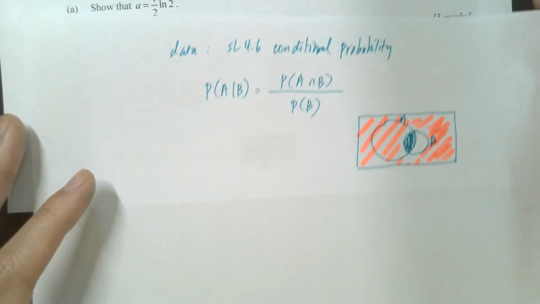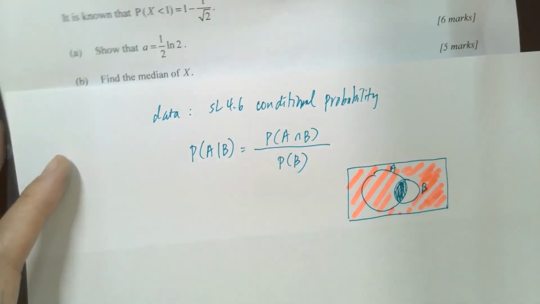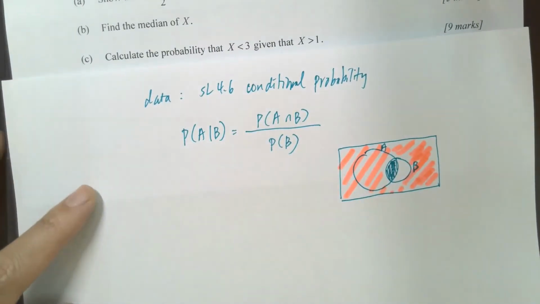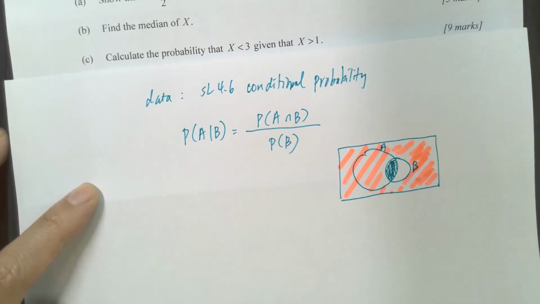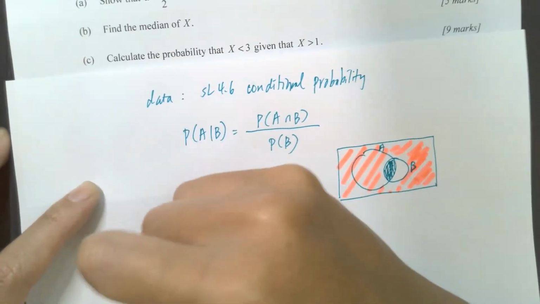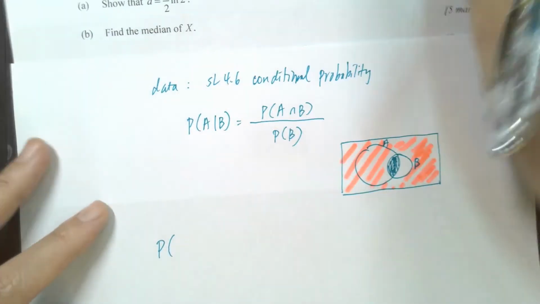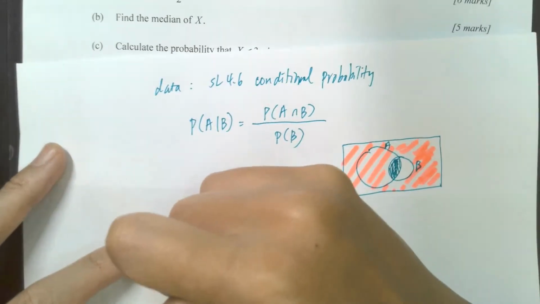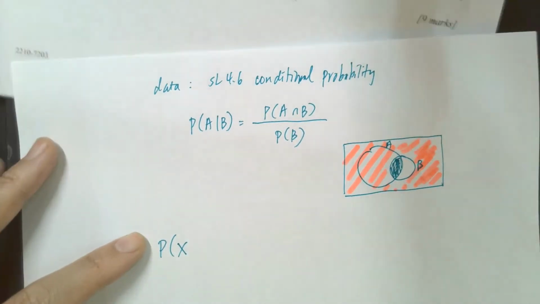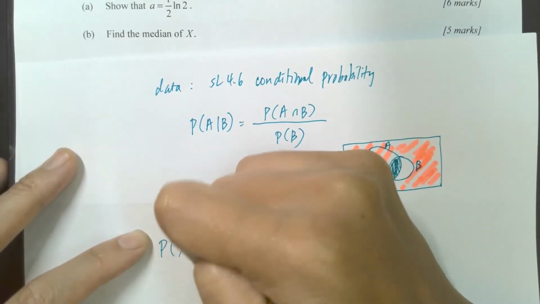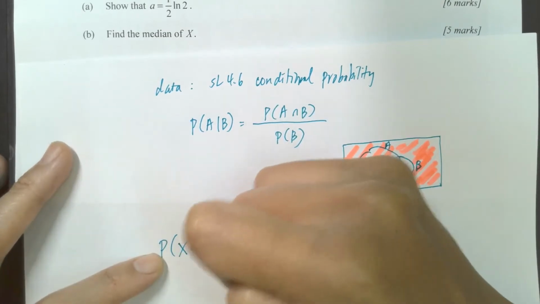Now, let's translate this language into conditional probability, right? Given that x is bigger than 1, find the probability that x is less than 3, which is to say we're looking for the probability that x is smaller than 3, given that x is bigger than 1.